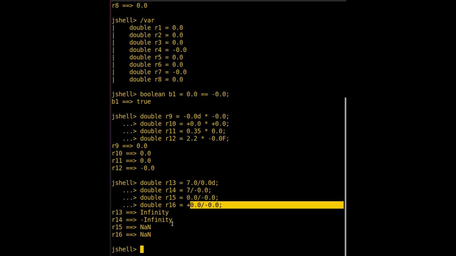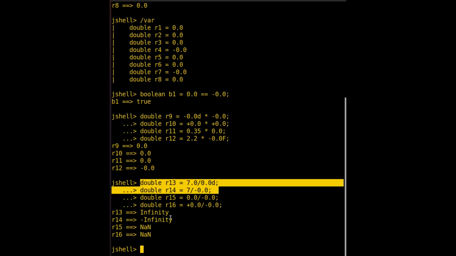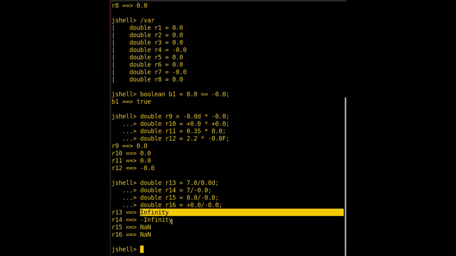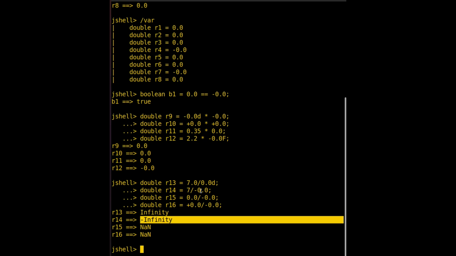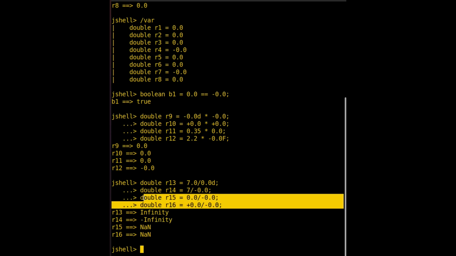And as you can see, when you divide any double number except for 0 by 0, it will give you an infinity, and a negative infinity if one of them is negative. And if you divide 0 by 0, that will result in NaN.